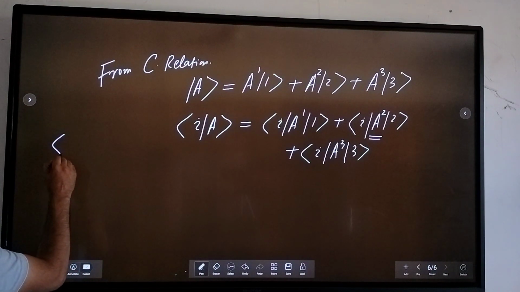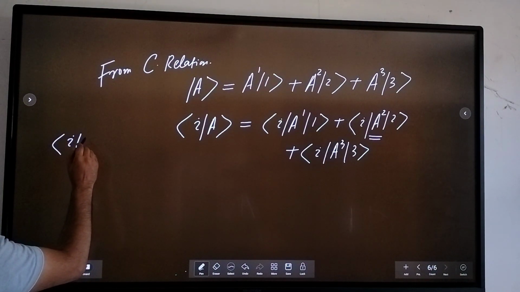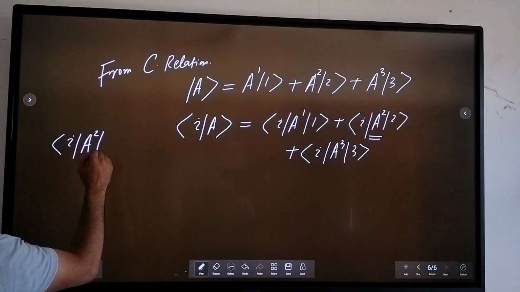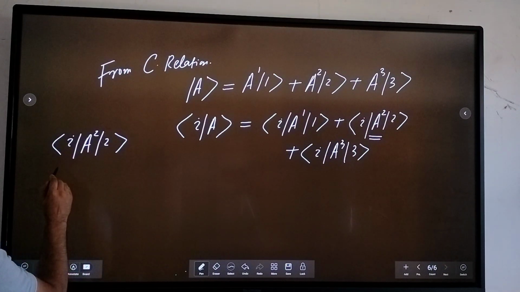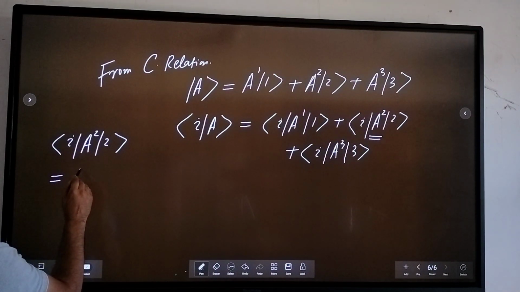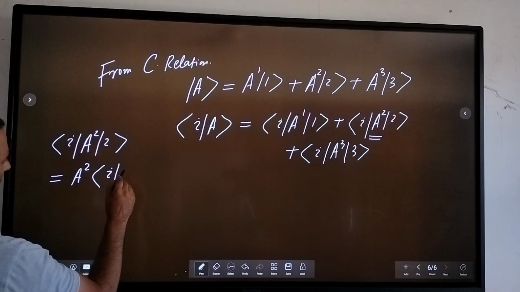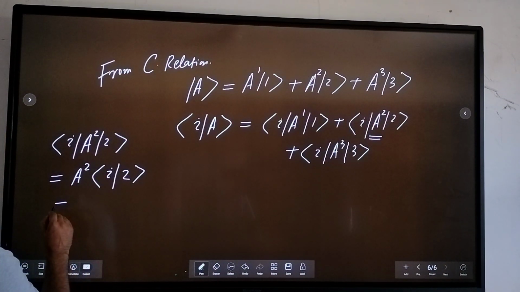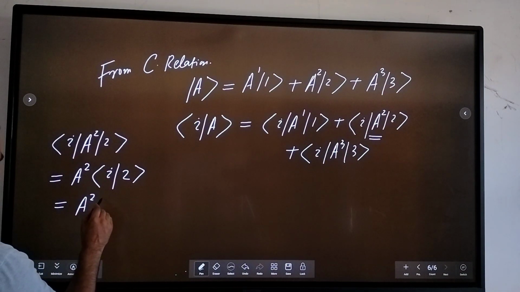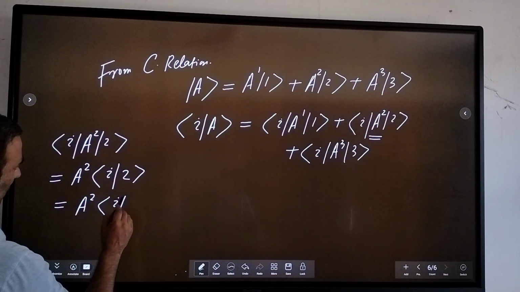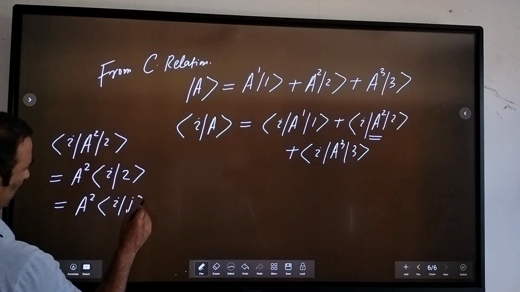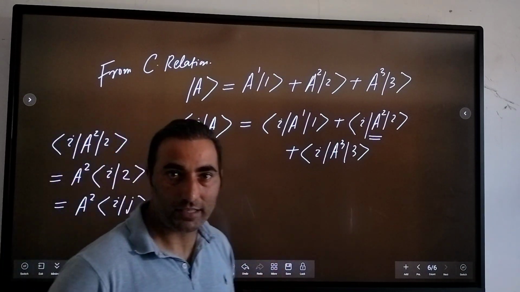So you can write this as, or this will be equal to, you can take that A2 out, because 2 is our second component, right?